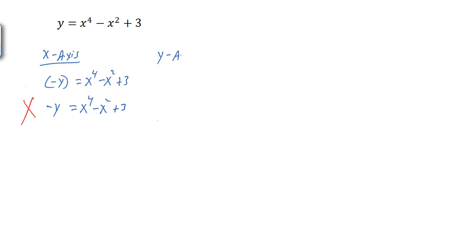And if we want to look at the y-axis, once again here we're going to plug a negative in for the x. So we get y equals negative x to the fourth minus, plug a negative x in for the x again, so it's negative x squared plus 3.